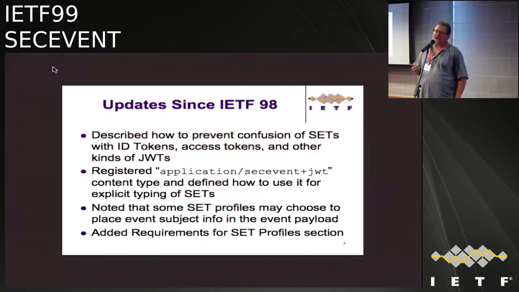That being using the existing JOT header named typ, which was already in the JWT and really the JSON Web Signature spec for that very purpose. So the new things in our draft are just to register the content type and to describe when and how you might want to use it.